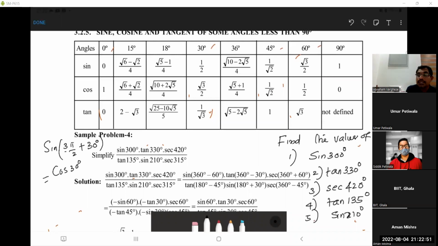I got cos 30. Now look at which quadrant it lies in. This is 0 degree, this is pi by 2, 1 into pi by 2, 2 into pi by 2, 3 into pi by 2. Plus means it will be in the fourth quadrant. In the fourth quadrant sine is negative, therefore this will be minus.